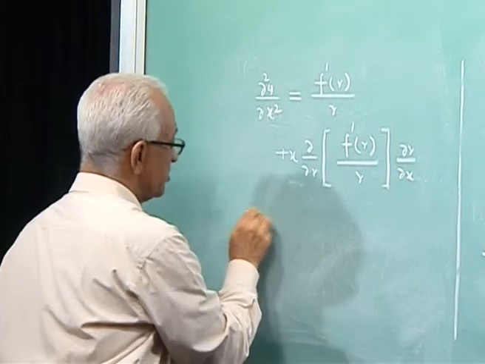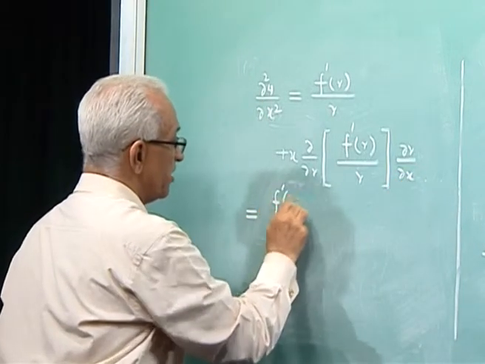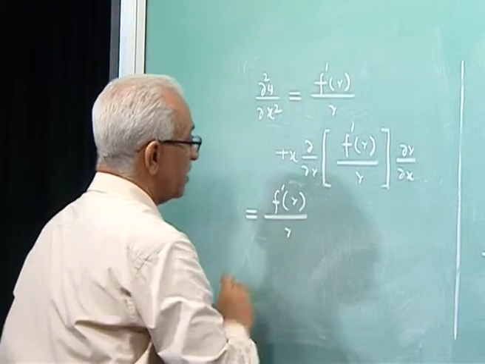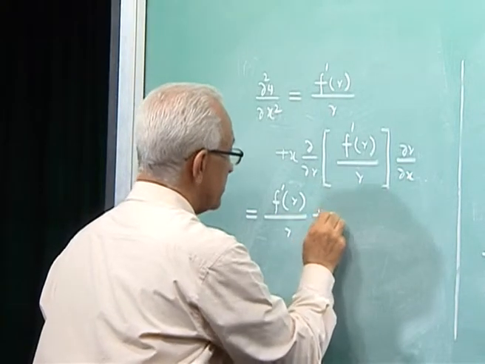I repeat, this will be equal to f dash r upon r plus x.